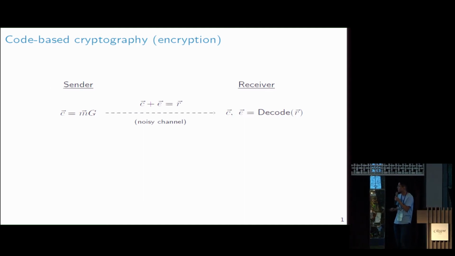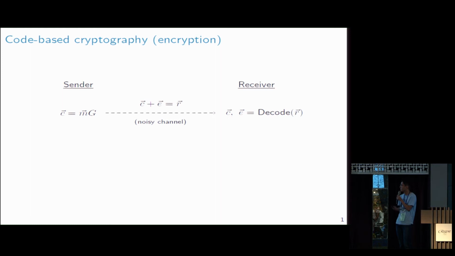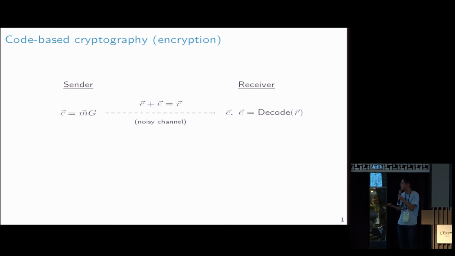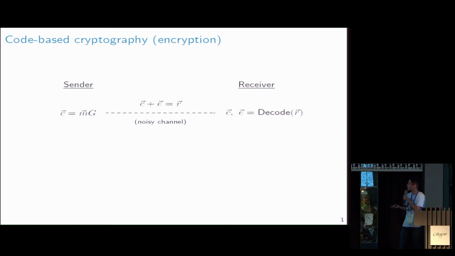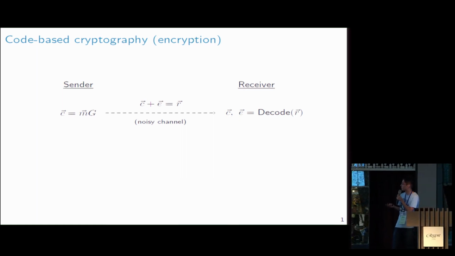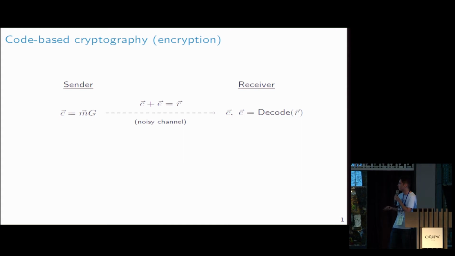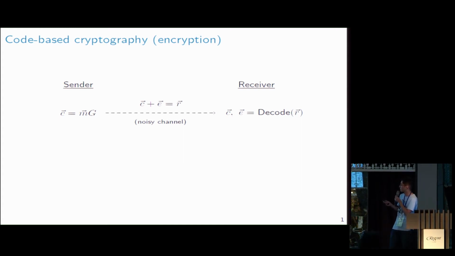With this redundancy, even if an error is added to the code word, later on the receiver can use some decoding algorithm to recover the original message. He actually gets C and E, but from C it should be easy to recover this message M.